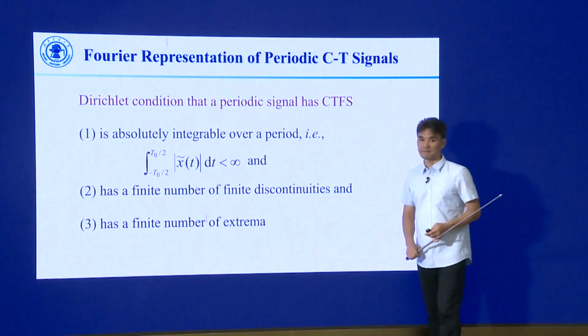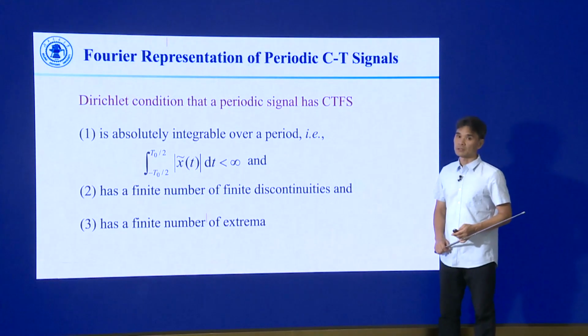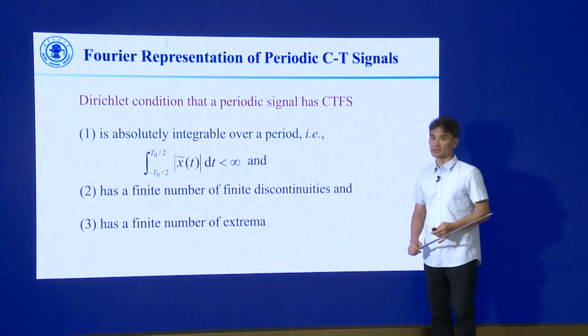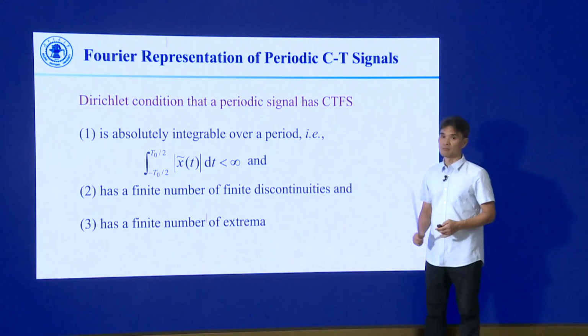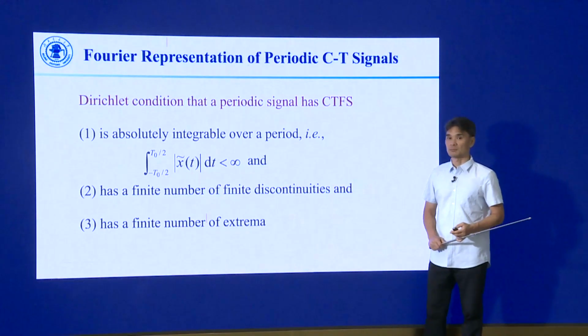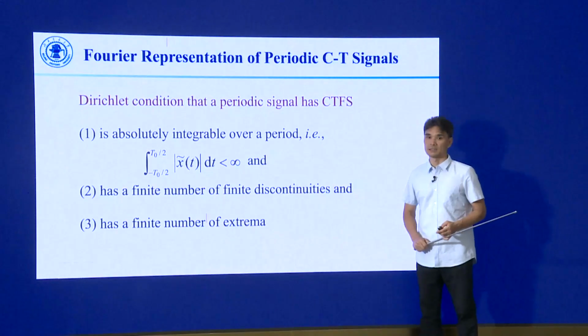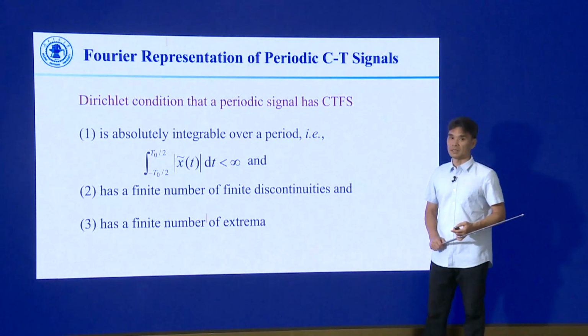They are sufficient conditions, meaning if a periodic continuous time signal satisfies them, then there must be a continuous time Fourier series. But even if these conditions are not all satisfied, there may still be a continuous time Fourier series for a given periodic signal.